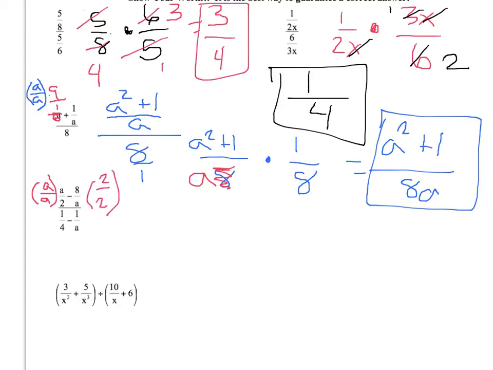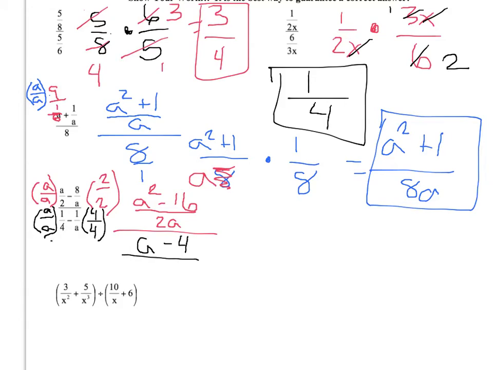A times a will give me a squared. 8 times 2 is 16, so minus 16 over 2a, divided by. Now if I look at that denominator, common denominator between 4 and a is 4a. So the first one needs an a, second one needs a 4. A times 1 is a, minus 4 over 4 times a is 4a.